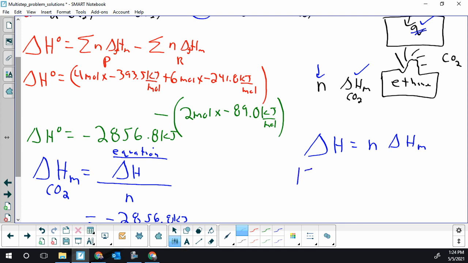So we have 1500 kilojoules that was released, and that's released, so that's minus, equals our moles times molar enthalpy. So I give a reminder that everything on this side is for CO2, both the moles and the molar enthalpy.